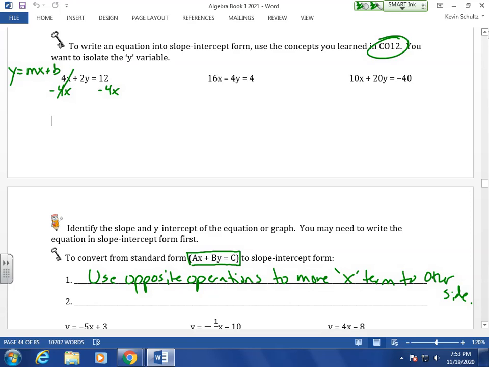On the left side, they cancel out. 4x minus 4x is 0. I'm left with just my y term. On the right side, 12 minus 4x, I can't get 8x out of that, right? It doesn't work like that. They're not like terms, so I have to keep it separate. And here's where it gets a little bit tricky. In slope-intercept form, I want my x term first before my constant. Rather than writing 12 minus 4x, I'm going to reverse that.